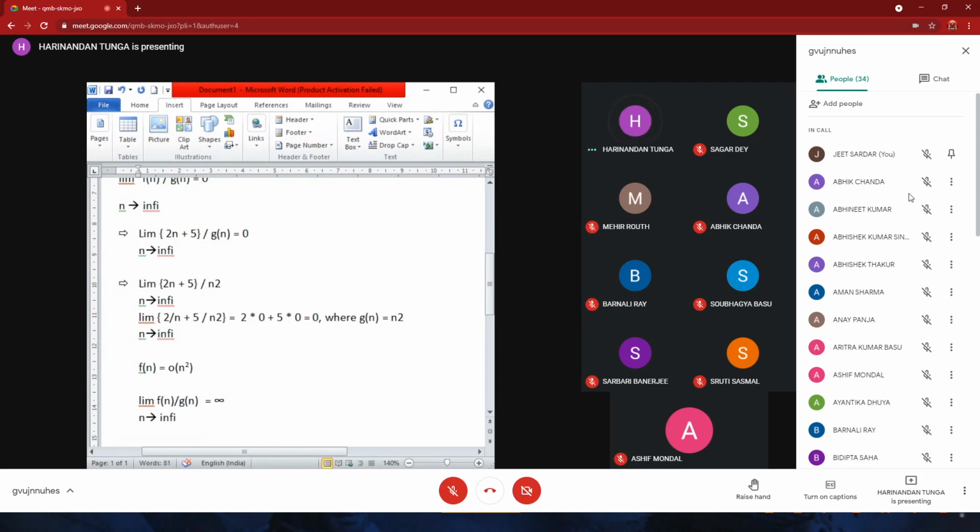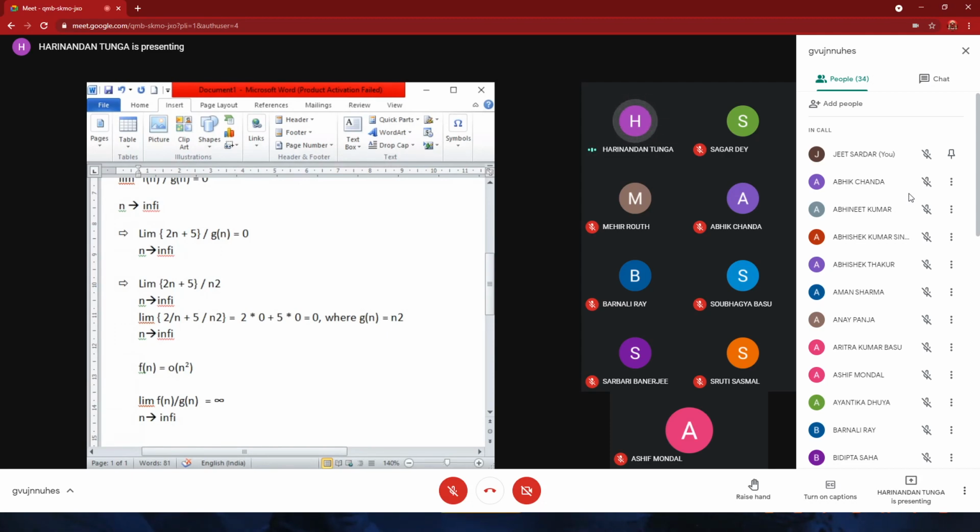What is the definition of the little omega? Fn and gn, two positive real functions, and two constants C and n0. n0 is the minimum problem size, C is a constant, C greater than 0, such that the limit n tends to infinity, fn by gn equal to infinity.